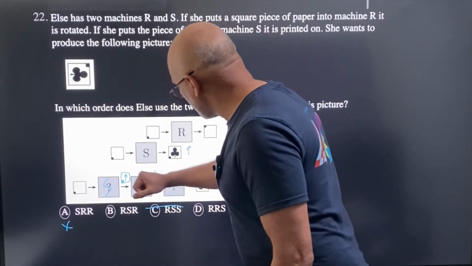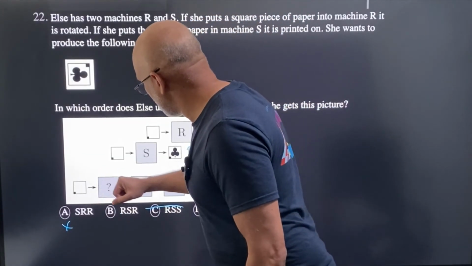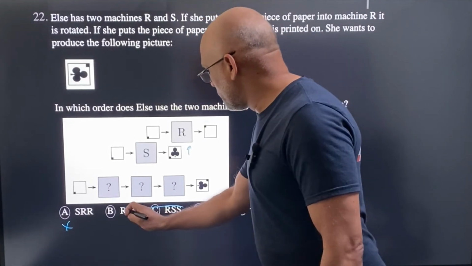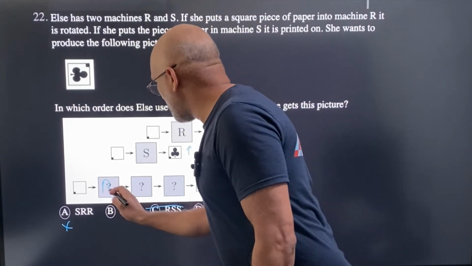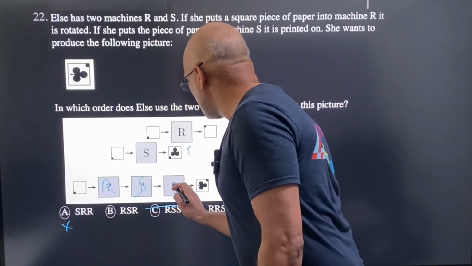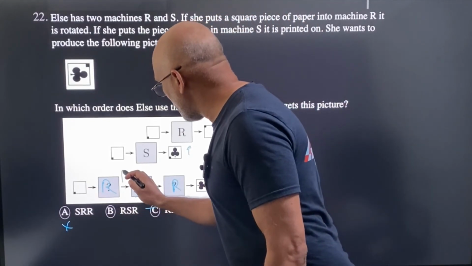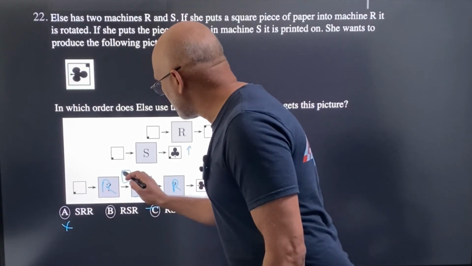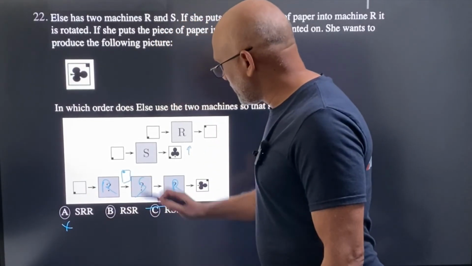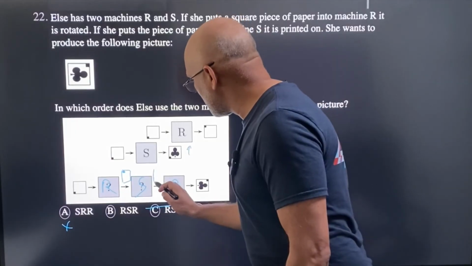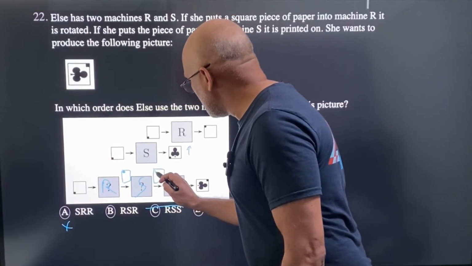Okay, so let me try the next one. I use R, S, R. So R, first it gets rotated. So this dot ends up being here. Then I print on it with S. Then this is at the same position.